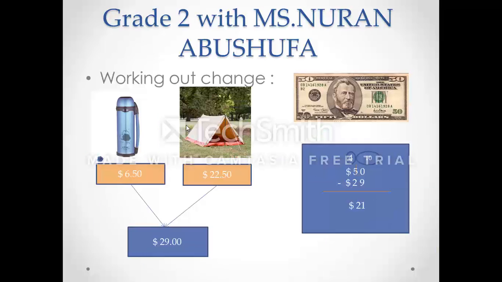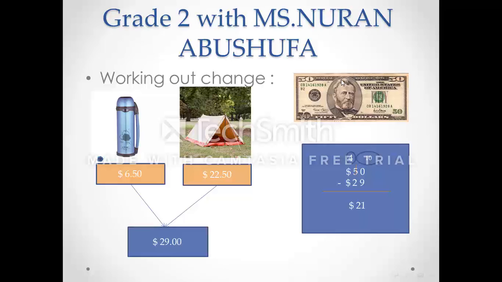Now, how to work out change? I went to the cashier and I found in my pocket that I have a $50 note. This is the $50 note. The things I wanted to buy were for $29, and I have a $50 note.